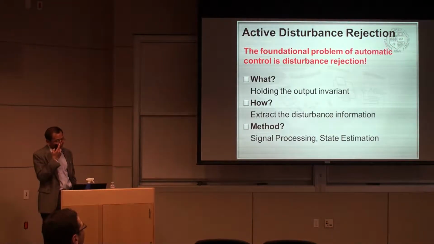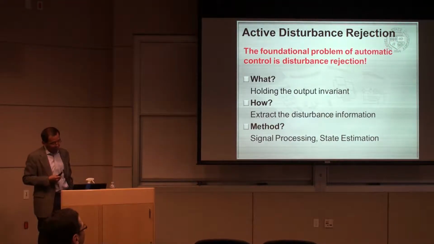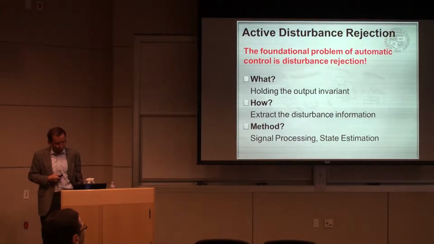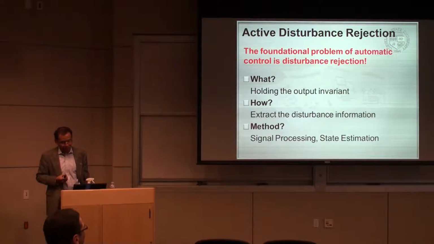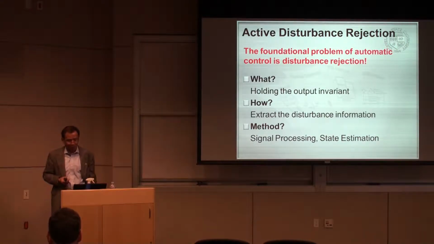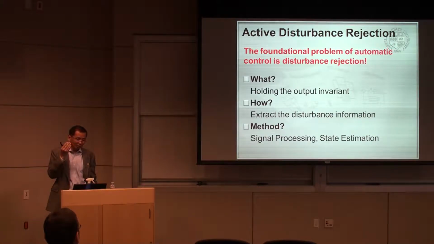So let's talk about what is active disturbance rejection. Start with the conviction that the foundational problem for control is disturbance rejection. It's not pole placement, it's not linearization, it's how well you reject disturbance. Poncelet was the first one to recognize the importance of disturbance rejection.